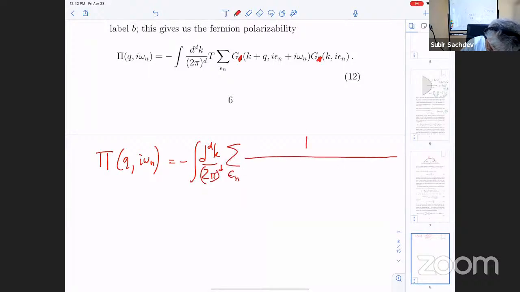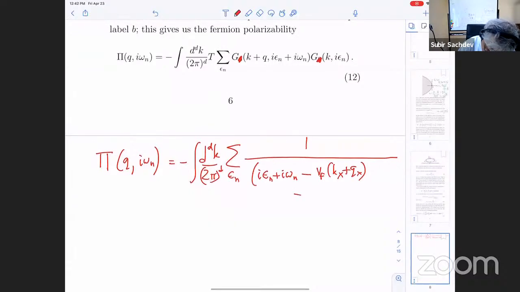Okay, I'm going to have a very complicated expression. So it'll be, remember, G of k plus q: i epsilon_n plus i omega_n minus vF times (kx plus qx) minus kappa over 2 times (ky plus qy) squared, and then I have the self energy Sigma of epsilon_n plus omega_n.